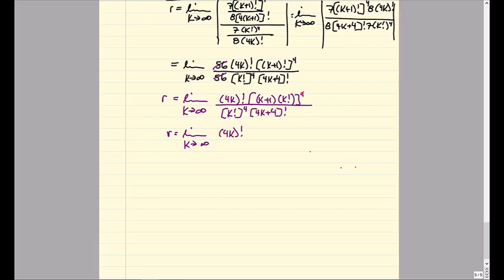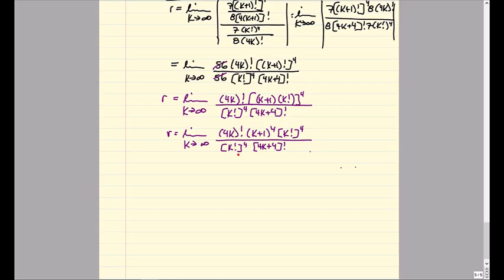And then I can take this exponent. I can't do this with addition or subtraction, but I can do this with multiplication and division. I have (k plus 1) to the 4th, and then I have k factorial to the 4th. And then in the denominator I have k factorial to the 4th. And then I also have this (4k plus 4) factorial.